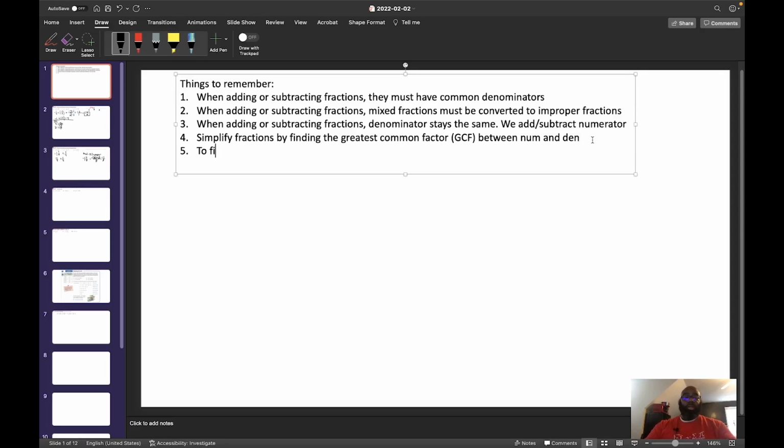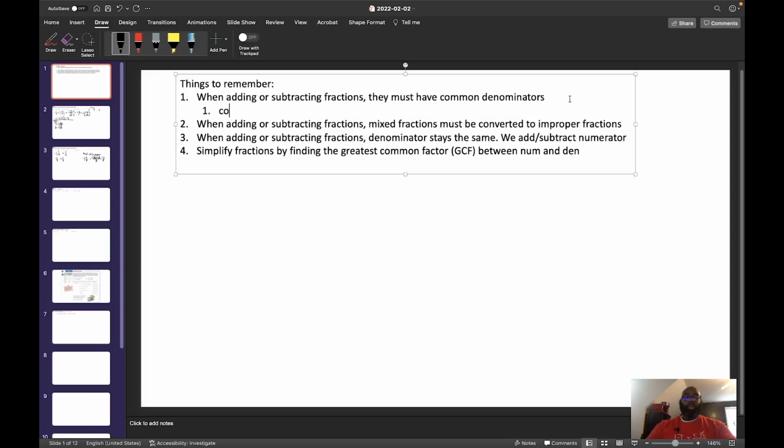To make sure fractions have common, actually, let's put this under the: when adding or subtracting fractions, they must have common denominators.